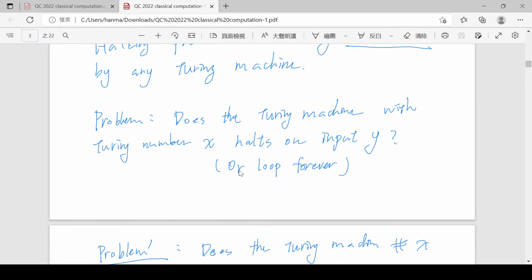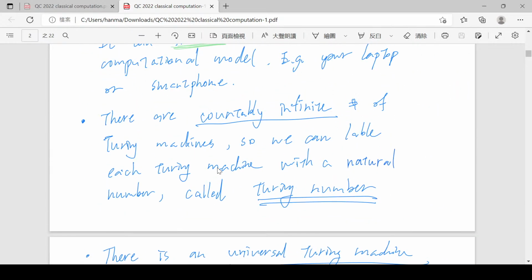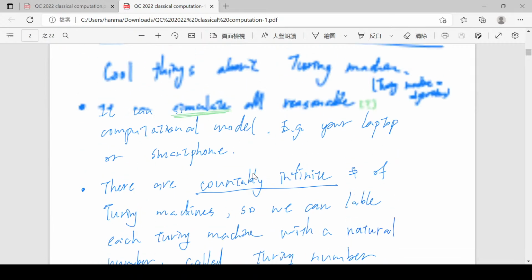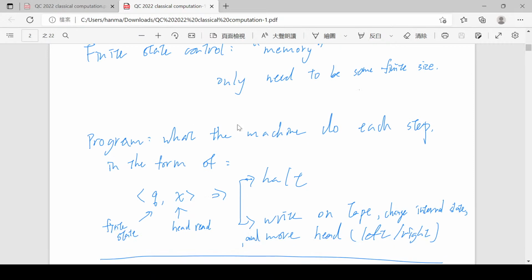So, one thing about the Turing machine that we didn't cover in the previous review is that we can count the Turing machines, okay? Because the Turing machine is basically specified by the size of its memory and the program lines.